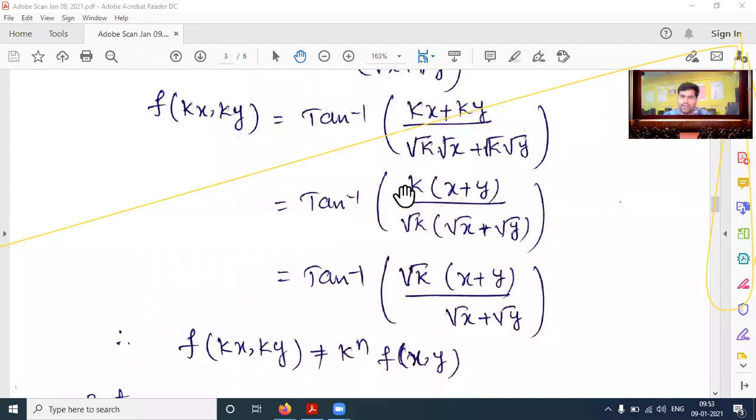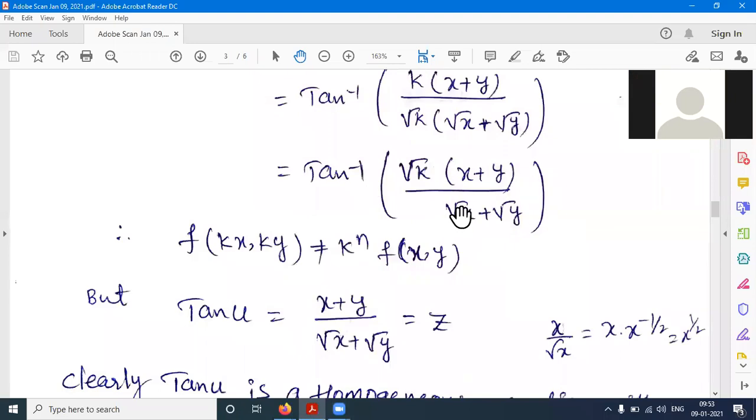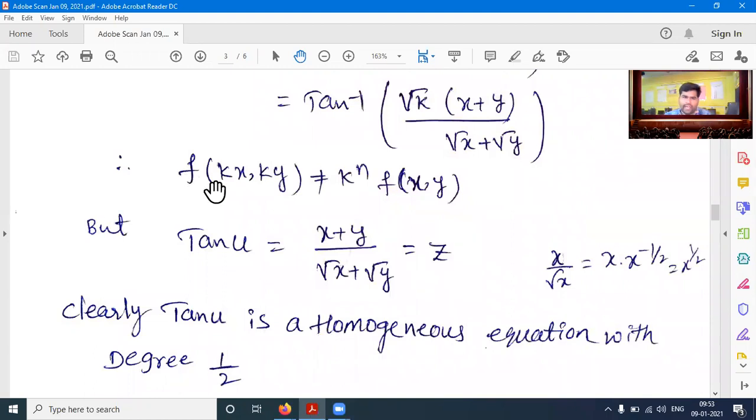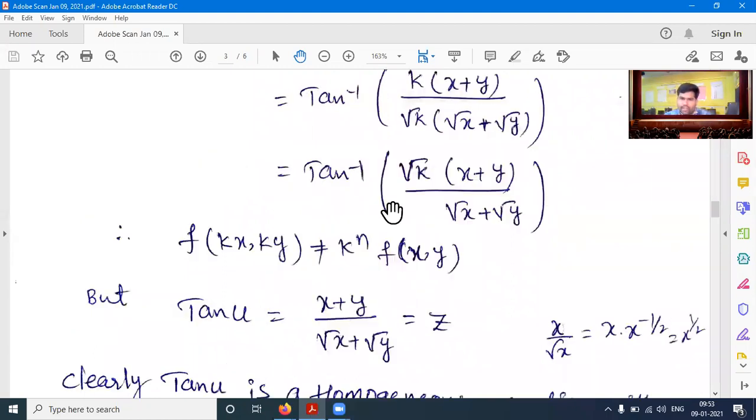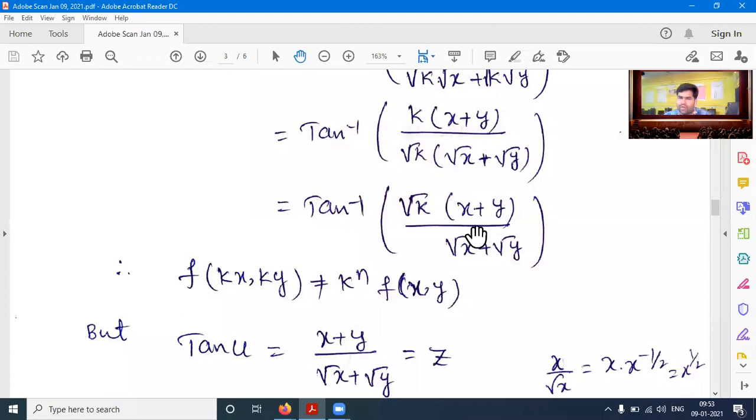So the remaining is root k into (x plus y) by (root x plus root y). Therefore f of kx comma ky is not simply tan inverse of (x plus y) by (root x plus root y).